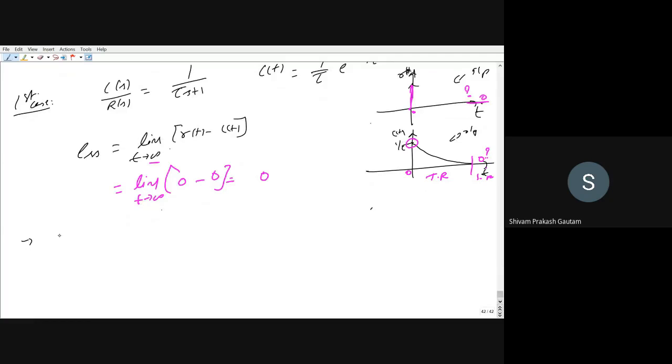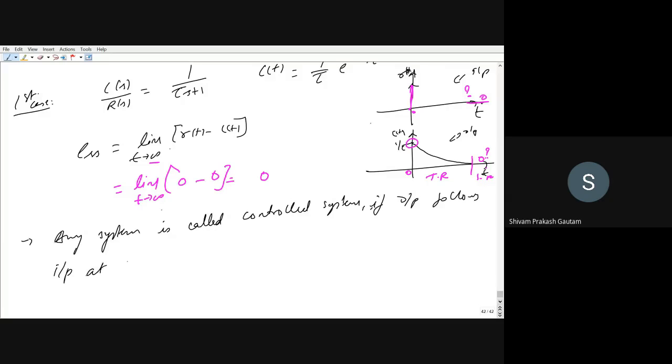Okay. So there is one important point. Any system is called a controlled system if the output follows the input at steady state, or the steady state error is as low as possible.